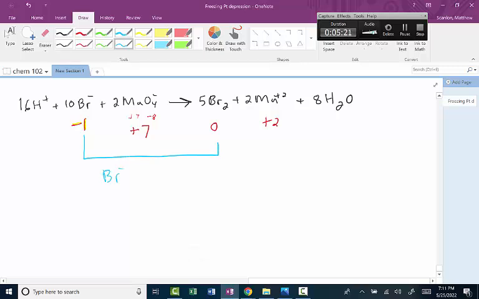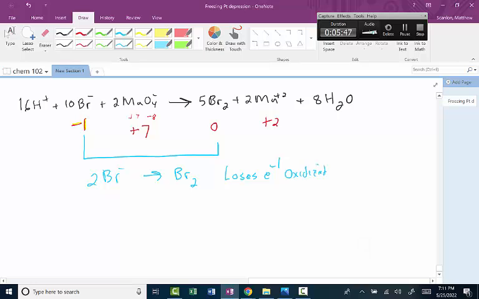So when I look at this, bromine went from -1 to 0. So I have Br- going to Br2. I'm not even trying to balance it. It's going from -1 to 0. So that means, did it gain or lose electrons? It loses electrons. And Leo goes grr, so this is oxidized.